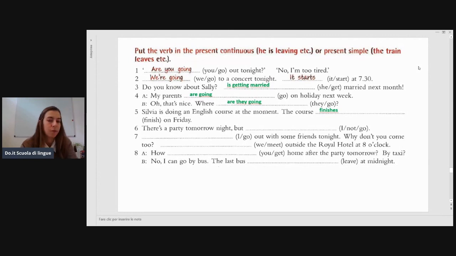Finishes, all right, guys? E appunto in present simple, siccome course è terza persona, bisogna metterci s alla fine. The course finishes. Non avete paura di dirlo, ok? He finishes or it finishes. Non è francese che dobbiamo non dire l'ultima sillaba, anzi in inglese bisogna dirlo. So the course finishes. Okay, what about number 6?